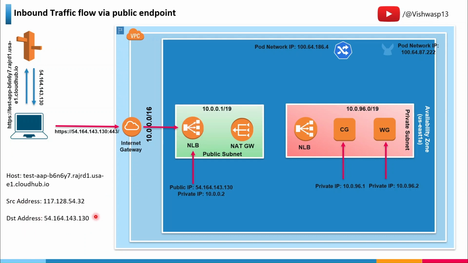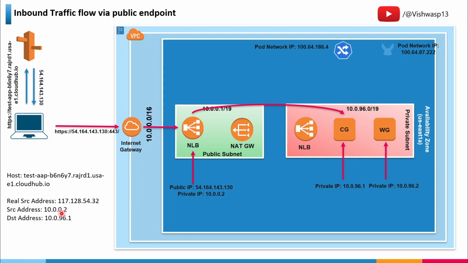Now the network load balancer will rewrite the IP packet with a new set of source and destination IP addresses. In this case, the source will change to the network load balancer's private IP address and the destination will change to the controller node's private IP address. Observe that the NLB is no longer using its public IP address to talk to the controller node that's within the VPC.